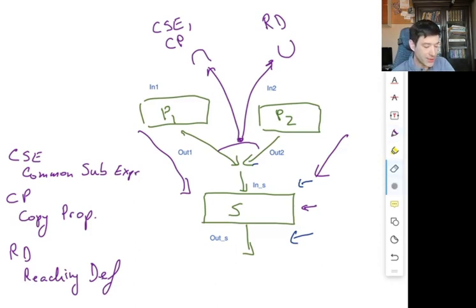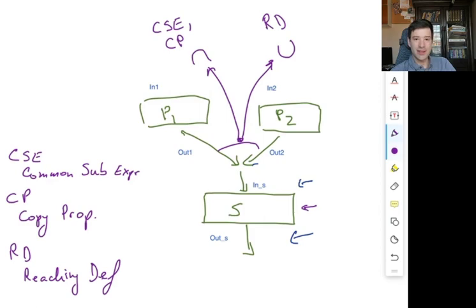Now, for reaching definitions, on the other hand, I want to know when a store that I made is no longer used. I want to know whenever I put something in some variable, that thing will never, ever be used again.